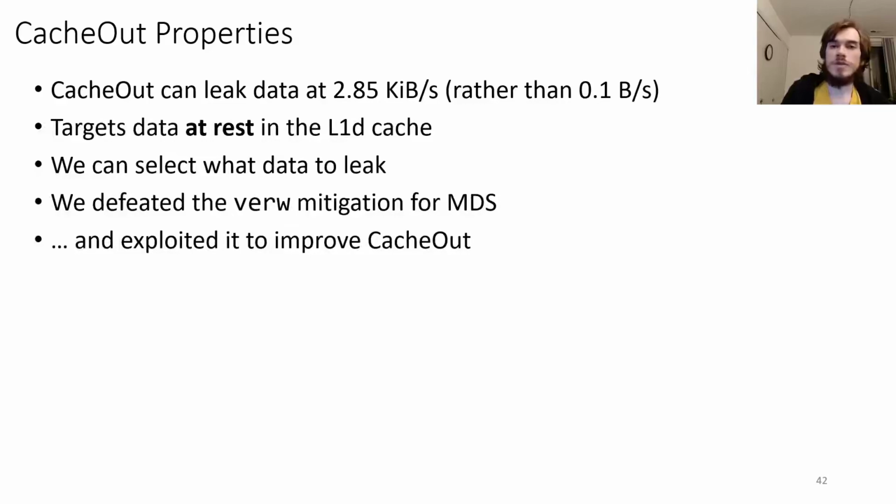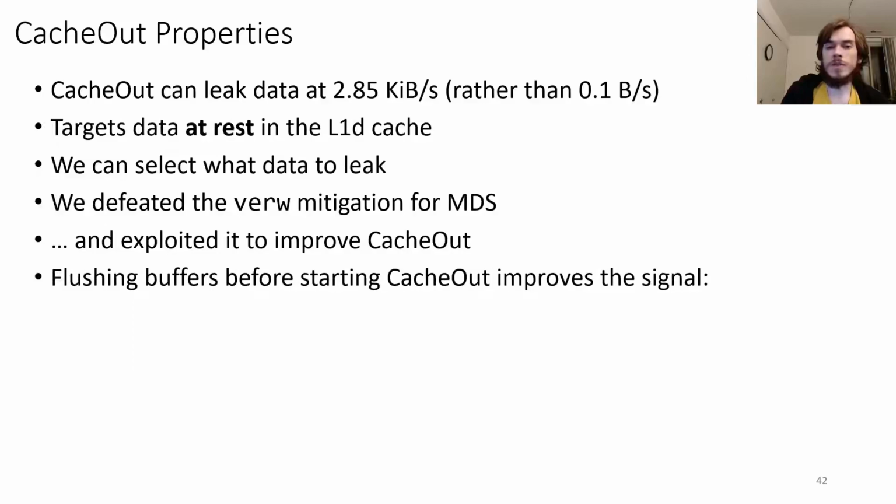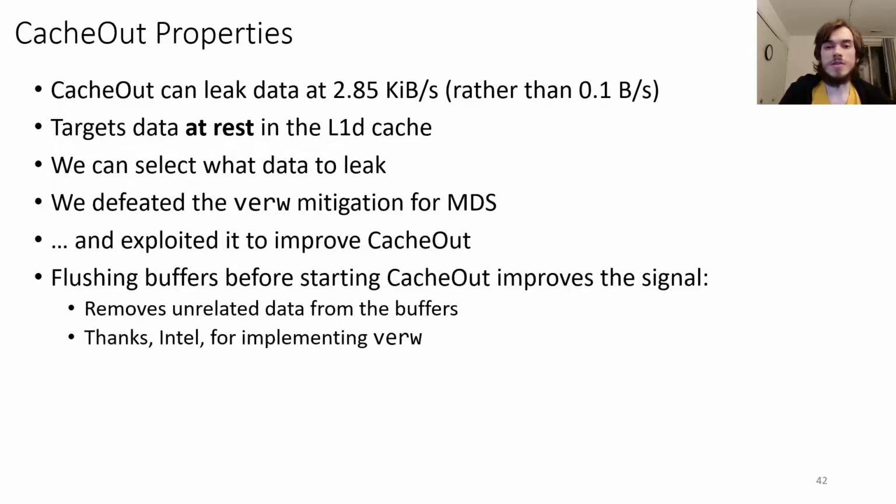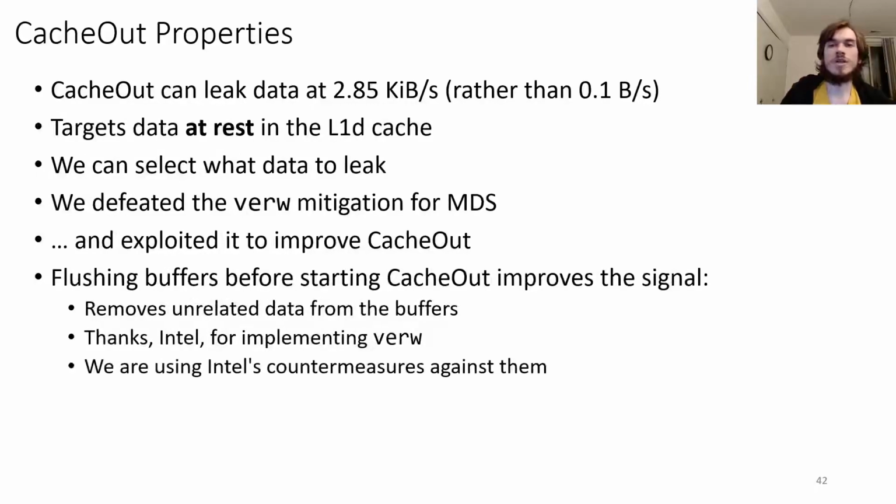In fact, we exploited it to even improve CacheOut. How did we do that? Well, we found that if you flush buffers before starting CacheOut, you can actually use that to improve the signal. We conjecture this is because you remove unrelated data from the buffers. Well, thanks Intel, we actually have an instruction that does that. It's VERW. So we actually managed to use their countermeasures against it.